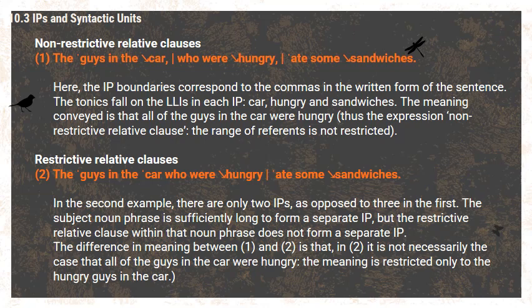The subject noun phrase is sufficiently long to form a separate IP, but the restrictive relative clause within that noun phrase does not form a separate IP. And the difference in meaning between example 1 and example 2 is that in example 2, it is not necessarily the case that all of the guys in the car were hungry. The meaning is restricted only to the hungry guys in the car.